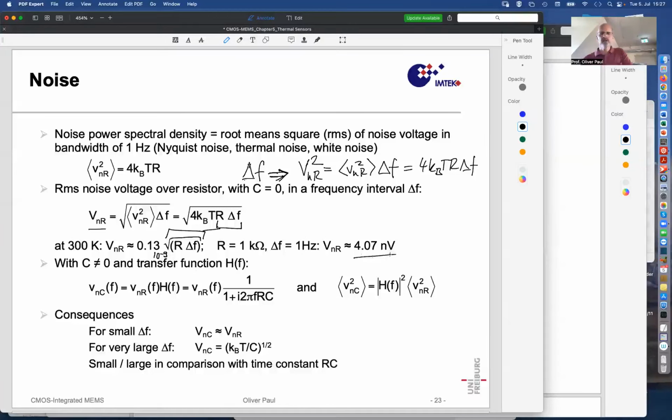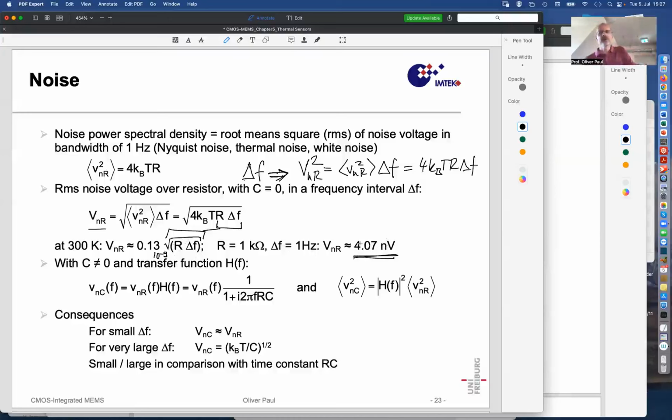This is the noise voltage coming from a 1,000 ohm resistor over a bandwidth of 1 hertz. If that bandwidth is 1,000 hertz, because you need to measure signals from 0 to 1,000 hertz, and fast phenomena are also important, like slow phenomena, then it's going to be multiplied by the square root of 1,000, about 30.